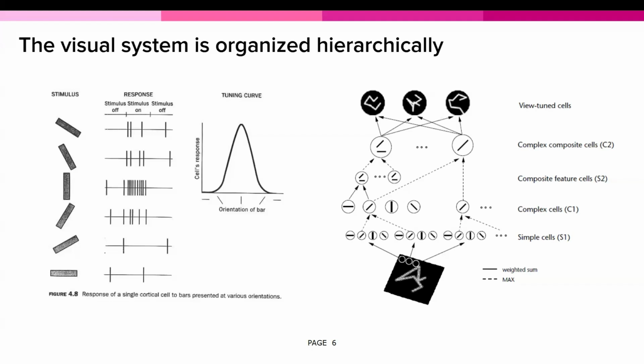Convolutional neural networks are perhaps the strongest example of a biologically inspired neural network architecture. And it's really straightforward to understand how a convolutional neural network works by relating it back to the biology.